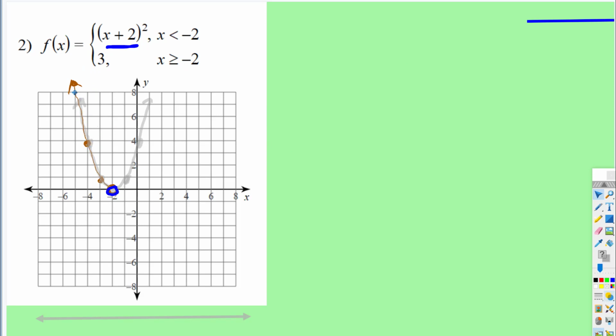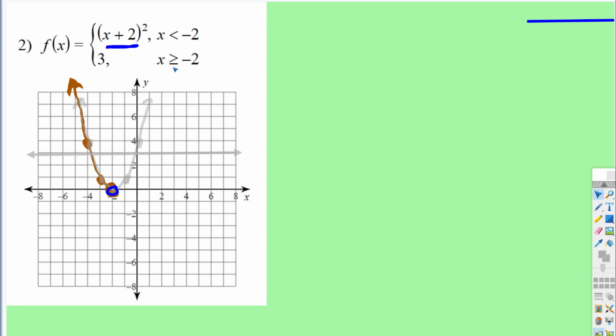The other part we can't even look at. We would just have to ignore that. Okay, and then we've got this second piece, this horizontal line. Well, normally a horizontal line at 3 would look like this.